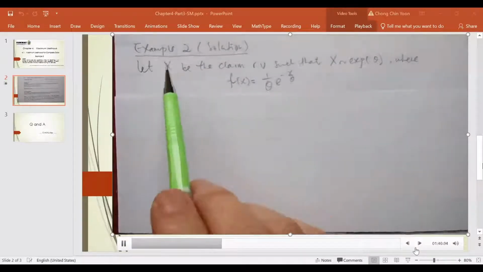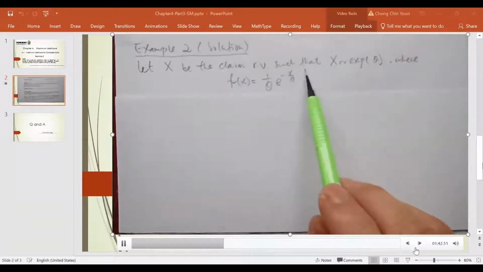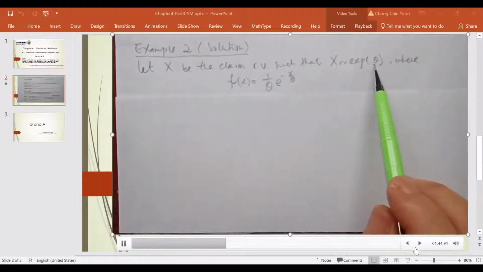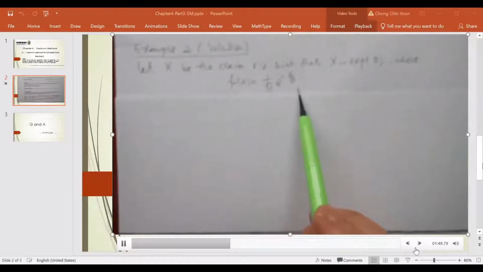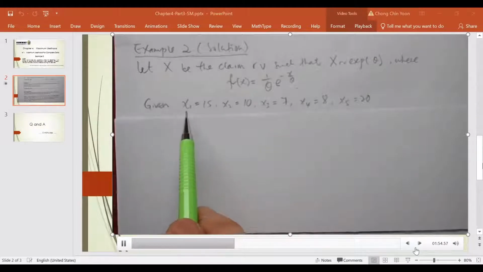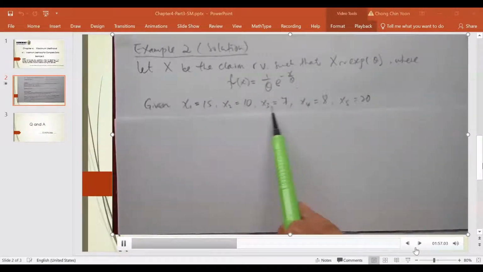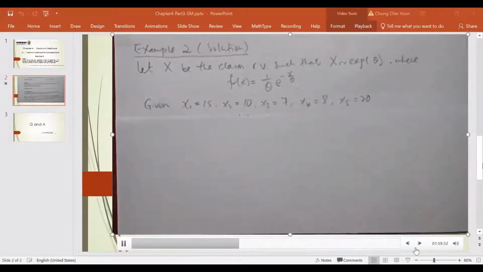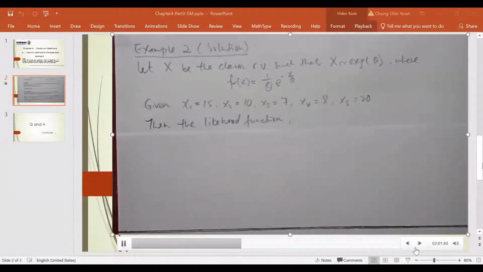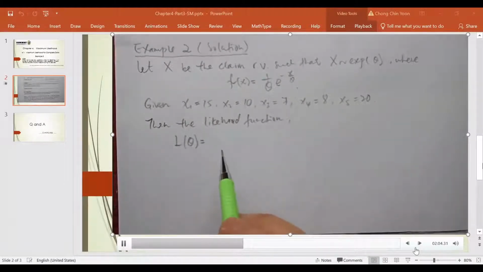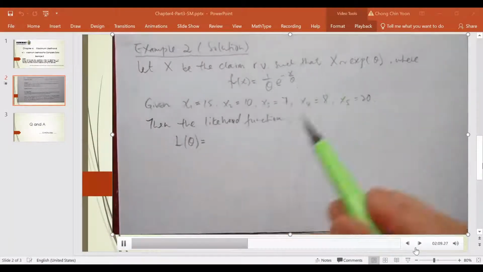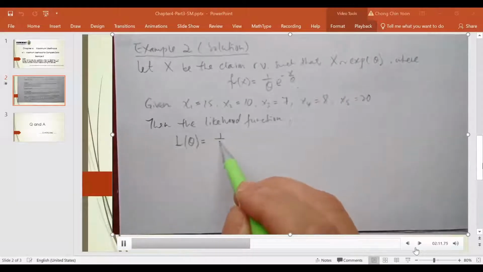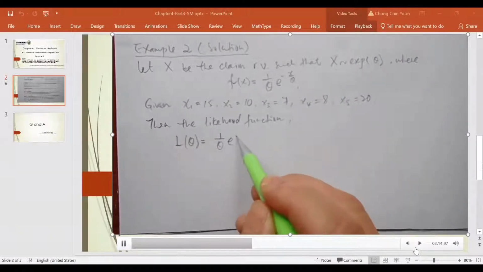Solution for example 2. Let X be the claim random variable such that X is exponentially distributed with parameter theta, where the PDF is given by this, which you can get from table C. Now given the 5 observations, which are 15, 10, 7, 8, and 20, we substitute all the observations into this PDF, and we will have the likelihood function as follows.